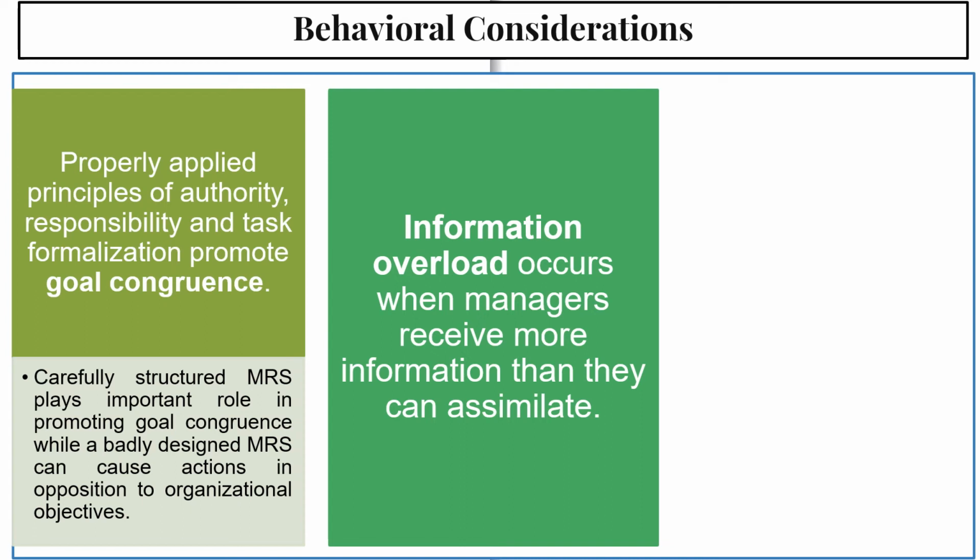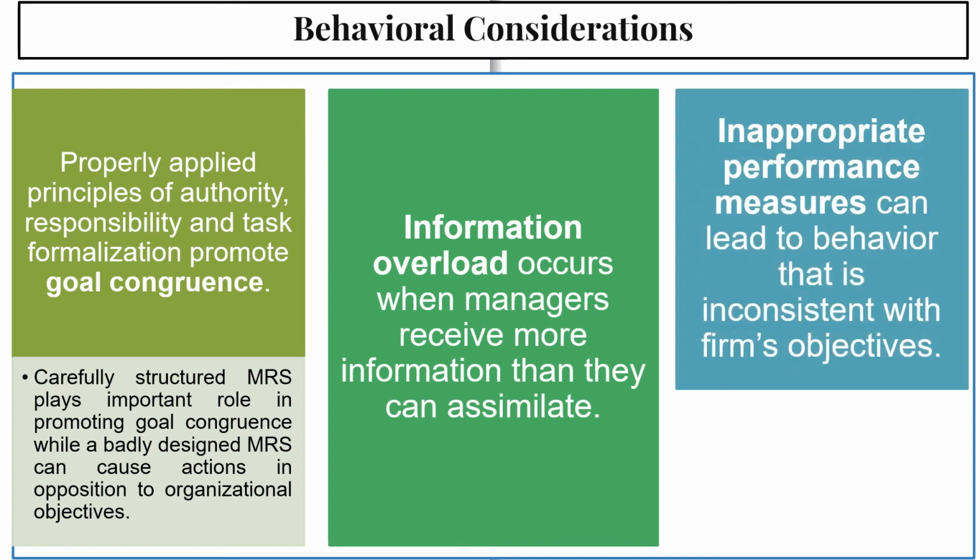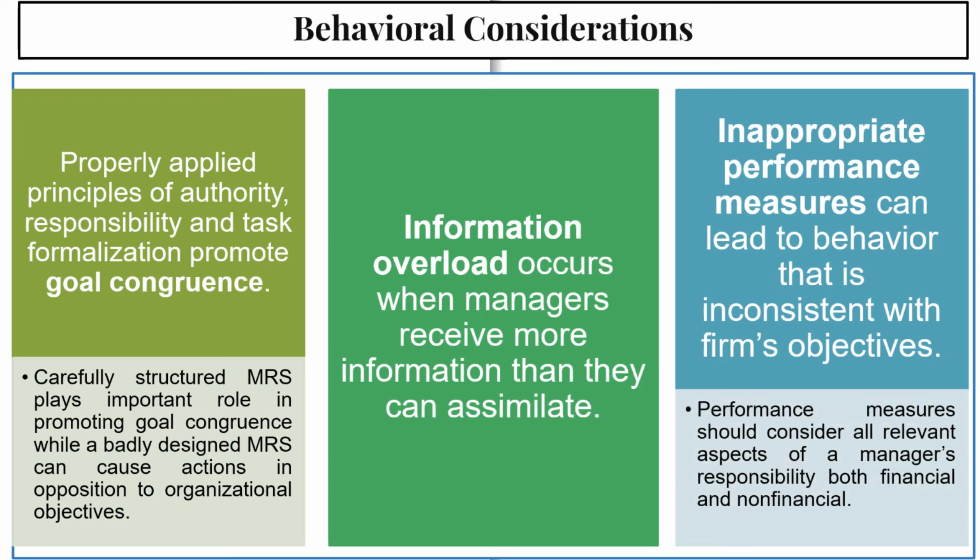It is like eating more than what you can assimilate and digest in your stomach, so it will cause negative effects. Inappropriate performance measures can lead to behavior that is inconsistent with the organization's objectives. Performance measures should consider all relevant aspects of the manager's responsibility, both financial and non-financial information.